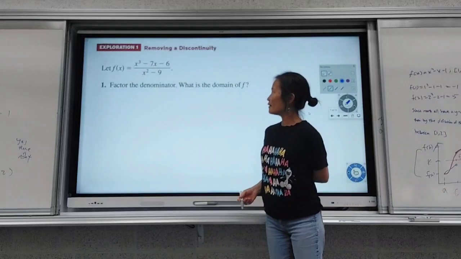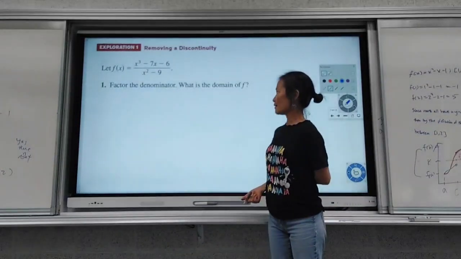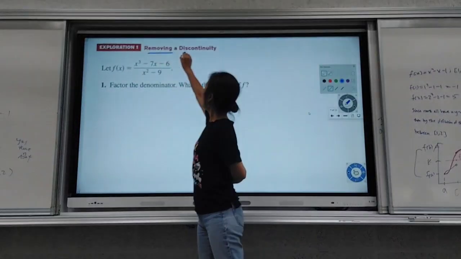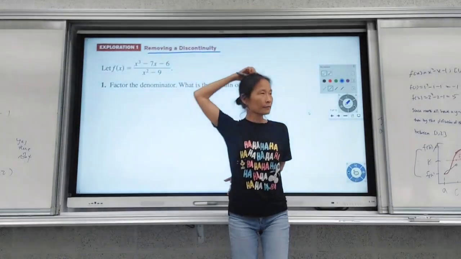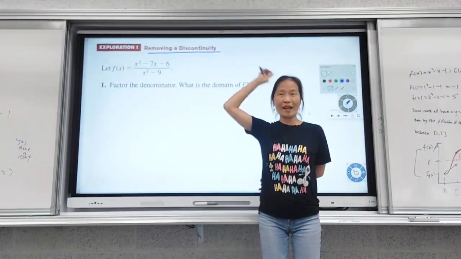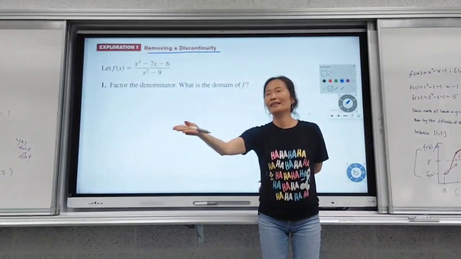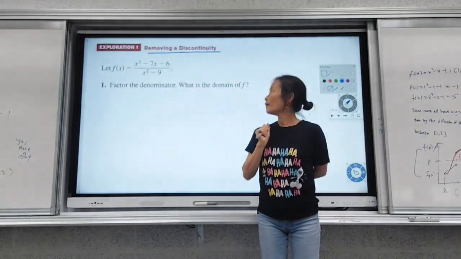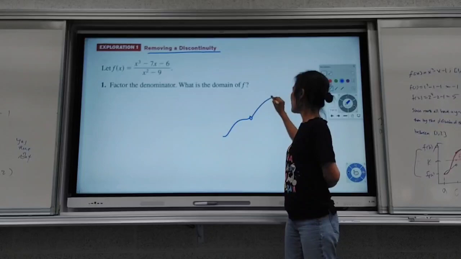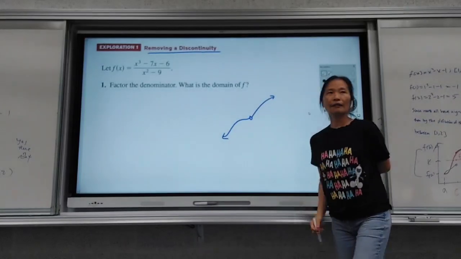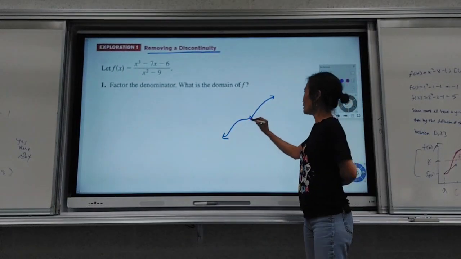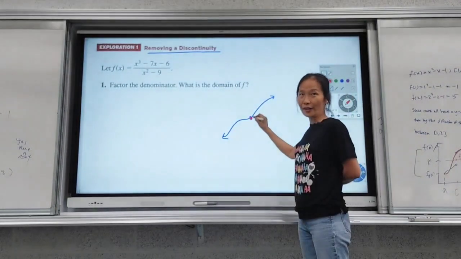It says this is function f of x. Can we remove a discontinuity? Removable must be what type of discontinuity? It must be a hole. If I want to remove a hole, if this function has a hole, the only way to remove it is to assign a point at exactly the same location as the hole.